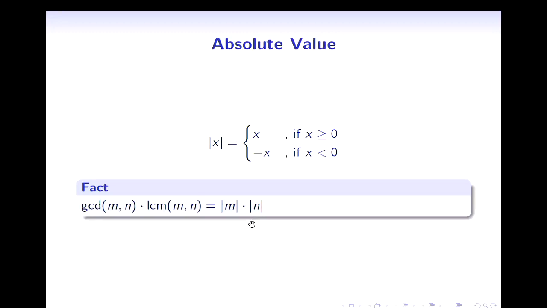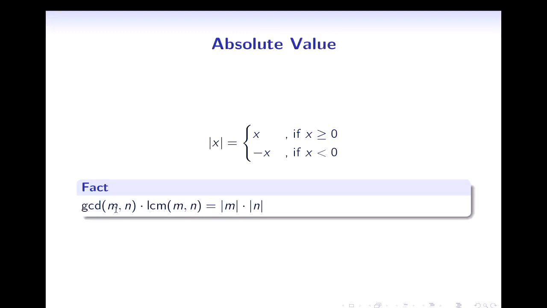So if you take the greatest common divisor of, let's say, 10 and 15, or minus 10 and minus 15, and the least common multiple of 10 and 15, or minus 10 and minus 15, then this would be what?